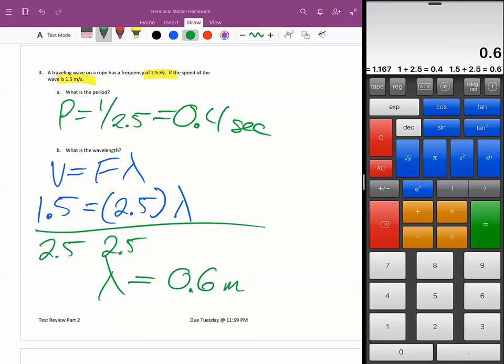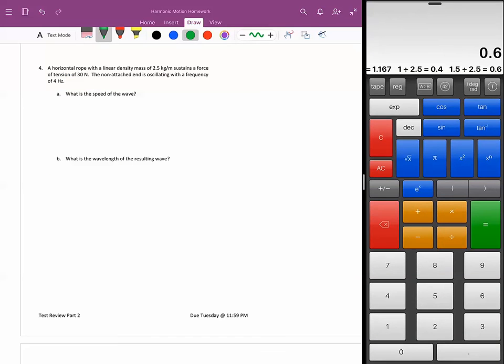Now, for a linear density of 2.5 kilograms for each meter, tension 30 newtons, and frequency of 4 hertz. 4a is asking for the speed of the wave. The equation given before was speed equals the square root of tension divided by linear density.